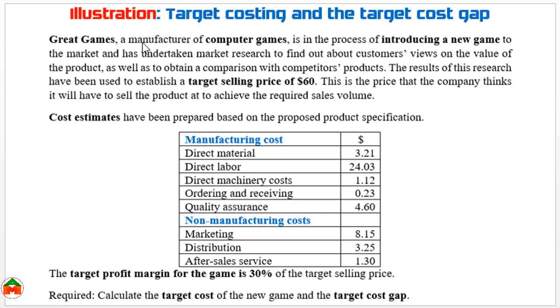For your easy understanding, there is an illustration or example from which you will get a clear idea about the target cost and cost gap. The example is Great Games. It's a company name. This company is a manufacturer of computer games. This company is in the process of introducing a new game to the market.